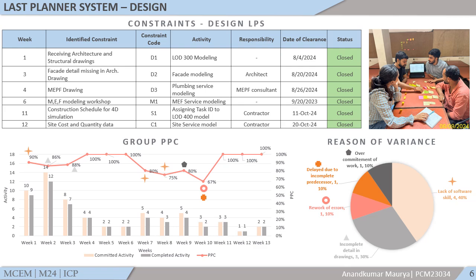Following are the constraints: receiving the drawing on time, getting the modeling workshops so we can prepare the model in efficient time, site cost and quantity data, and preparing the construction schedule before we do the 4D simulation in Synchro 4D. All constraints have been addressed on time with the date of clearance, and this constraint log shows the status of whether they are closed or open.